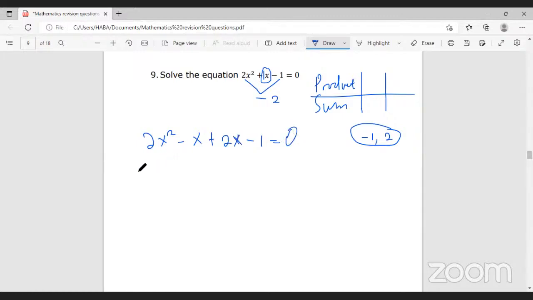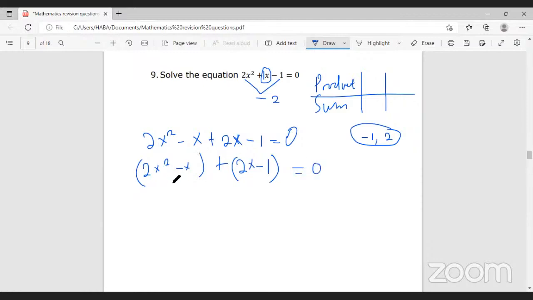Then after this, we are going to group them in 2 pairs so that we have 2x squared minus x plus 2x minus 1, and we equate this to 0.